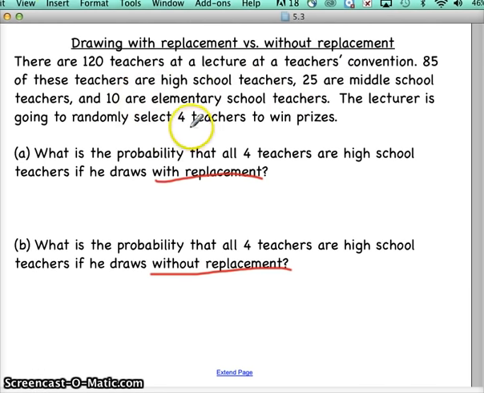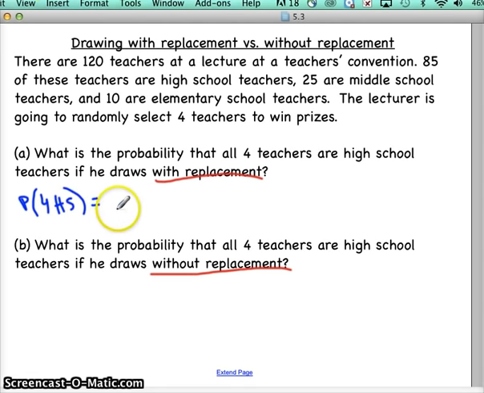And we're going to randomly select 4 teachers to win a prize. So what's the probability that all 4 teachers are high school teachers if we draw with replacement? So like we draw out a number and we put it right back in. So the probability of getting 4 high school teachers.